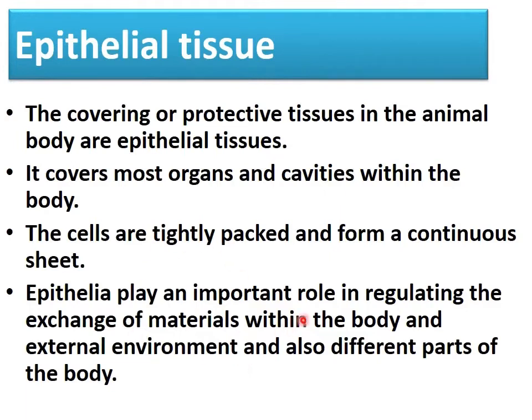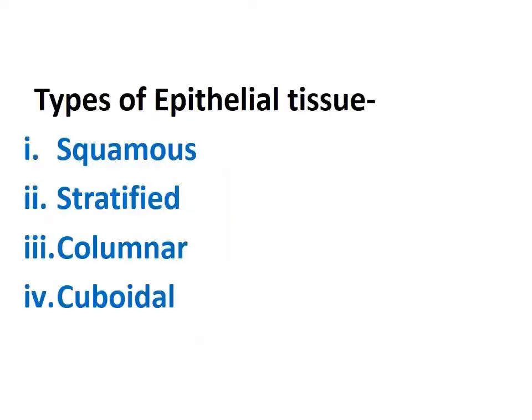So now we will learn about the types of epithelial tissue, which is the first type of animal tissue. We will see the different types of epithelial tissues present in our body. First type is squamous epithelium tissue. Second is stratified epithelial tissue.